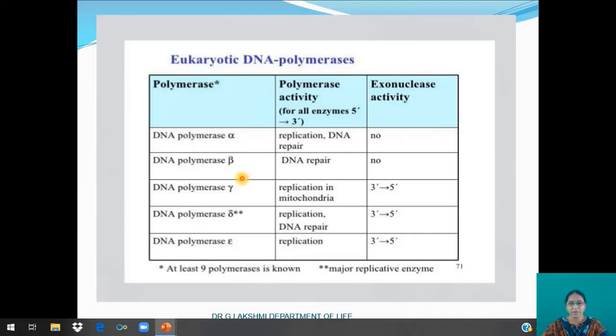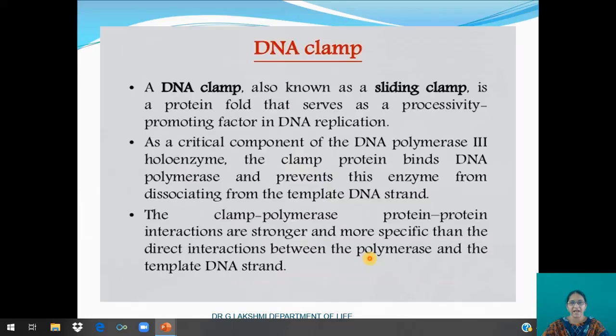DNA polymerase beta is involved in DNA repair and has no exonuclease activity. DNA polymerase gamma is involved in replication in mitochondria, with 3' to 5' exonuclease activity. DNA polymerase delta is involved in replication and DNA repair and has 3' to 5' exonuclease activity. DNA polymerase epsilon is involved in replication and has 3' to 5' exonuclease activity.